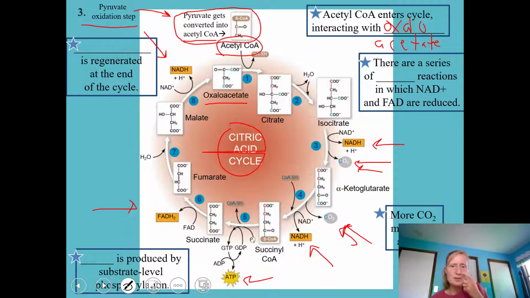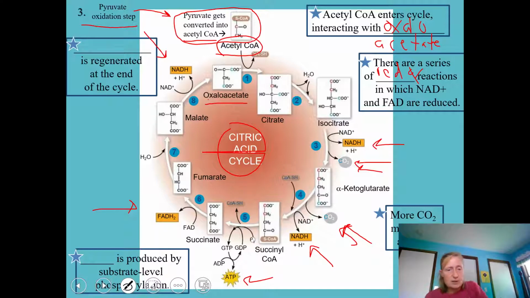Okay? So let's see if we can fill in our stars here. There are a series of redox reactions in which NAD plus and FAD are reduced. They are the ones picking up those high energy electrons. The substrates are oxidized, right?